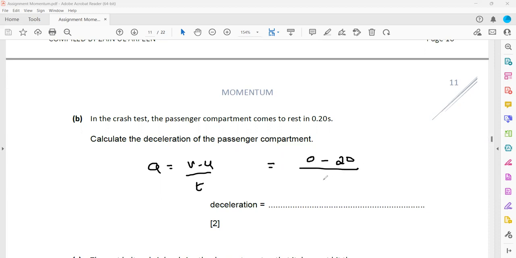Finally, it stopped and it took 0.2 seconds. So it will be minus 20 divided by 0.2, which equals minus 100. It's already deceleration, so we don't have to specify the negative sign. We can simply say 100 meter per second squared, or m s minus 2.